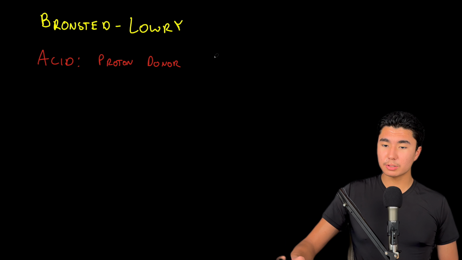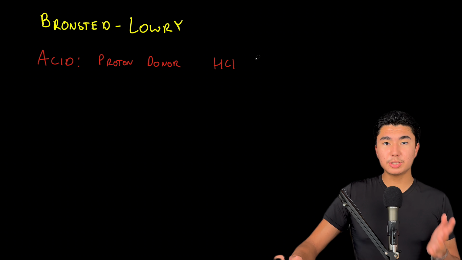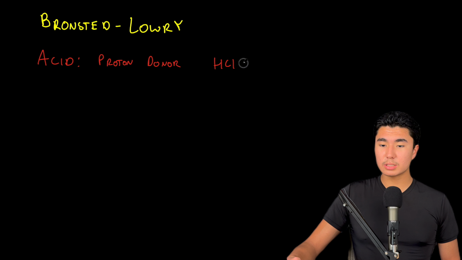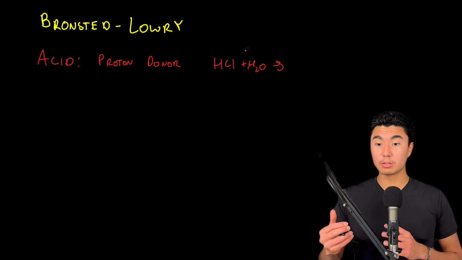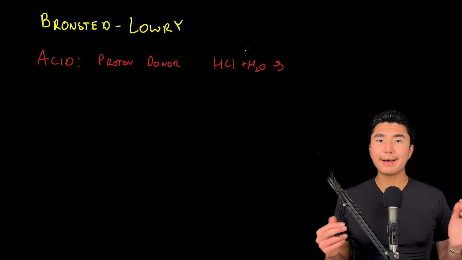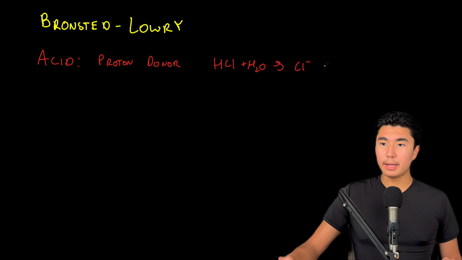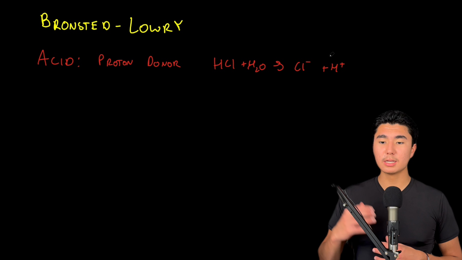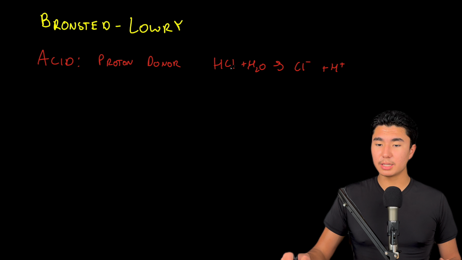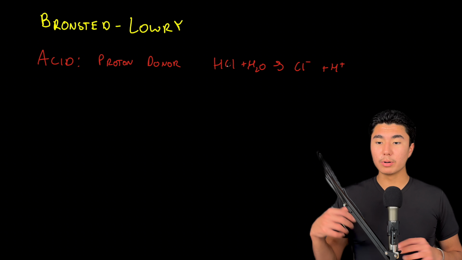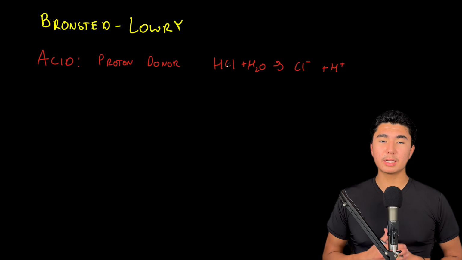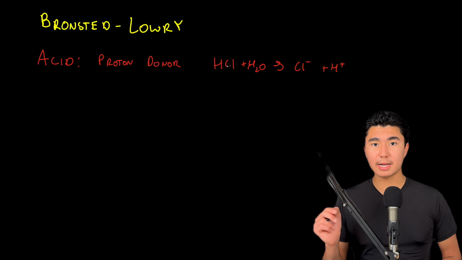So what that pretty much looks like is if we had HCl mixed in with some water, and the chlorine will release that hydrogen, and this results in a negatively charged chlorine and a hydrogen. And this is an acid because this HCl, hydrochloric acid, released a hydrogen, which makes it an acid, and this is actually one of the strongest acids out there.